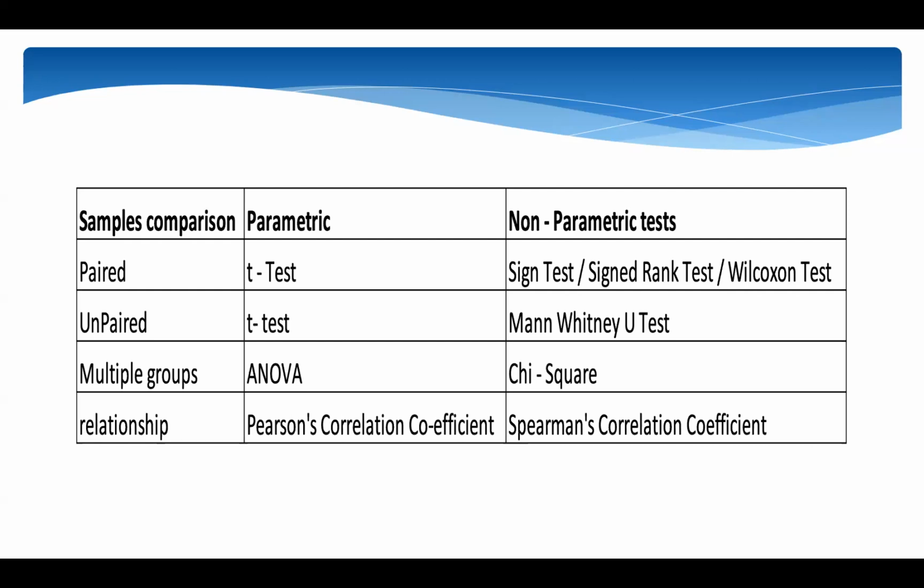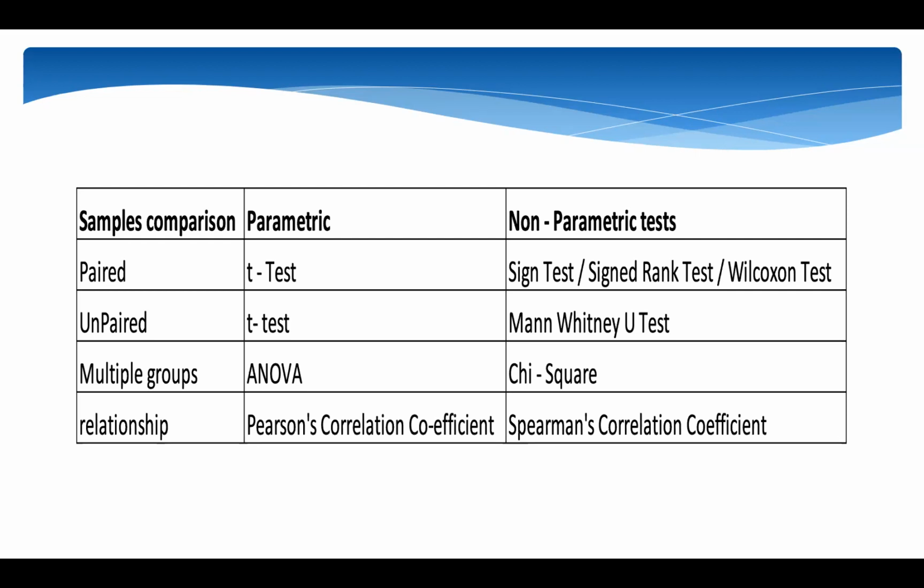Then multiple groups. If we have a lot of groups of data and we are trying to compare amongst the different groups, then we use Anova. It's a one-way analysis of variance. Anova is a parametric test, and the equivalent non-parametric test for comparison of multiple groups is chi-square.